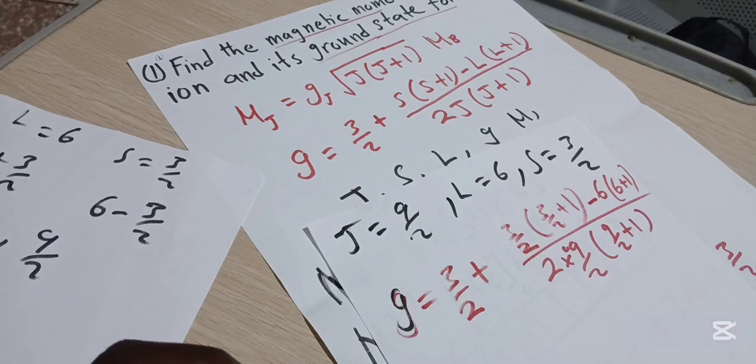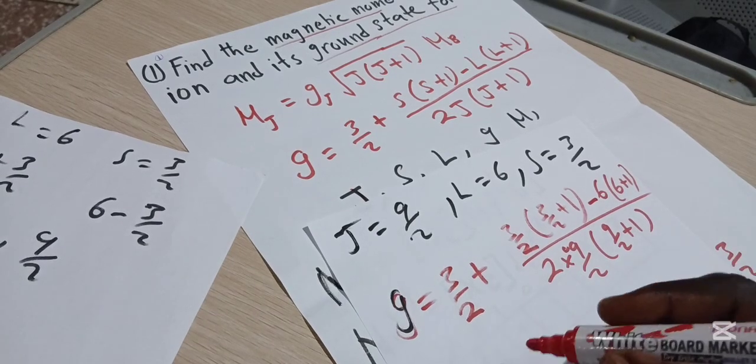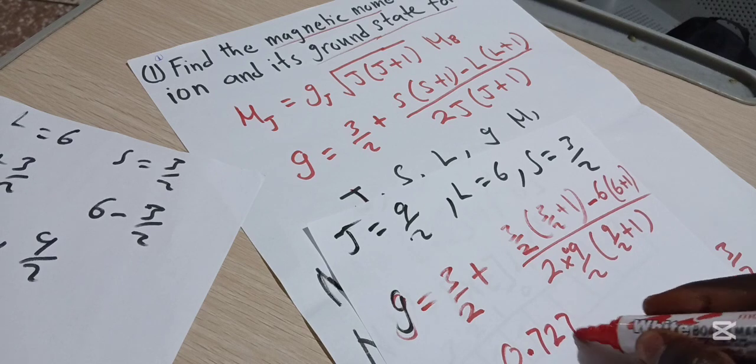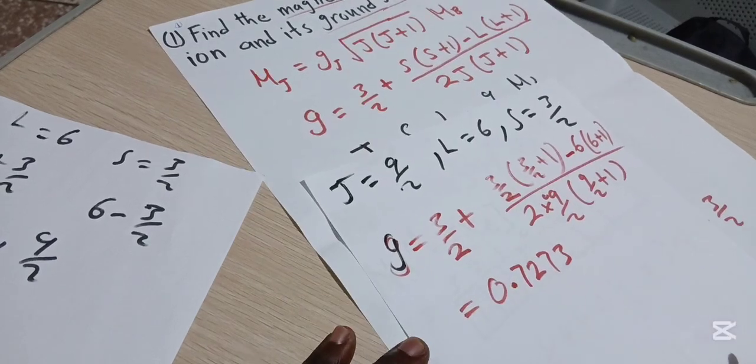Let me punch everything on my calculator. So if you punch this on your calculator, you are going to get g value to be 0.7273. So that is our g value.